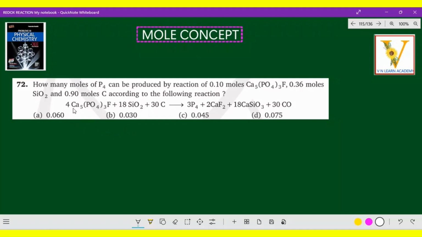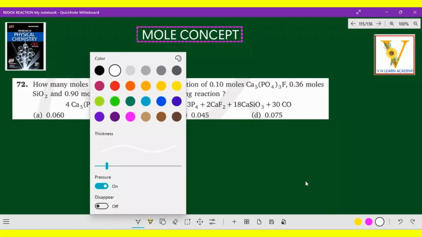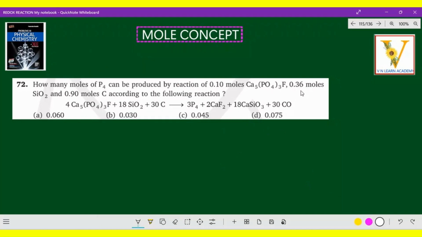Here they have given 4 moles of Ca5(PO4)3F plus 18 moles of silica and 30 moles of carbon can provide 3 moles of P4, 2 moles of calcium fluoride, 18 moles of calcium silicate and 30 moles of carbon monoxide. They have asked each and everything.